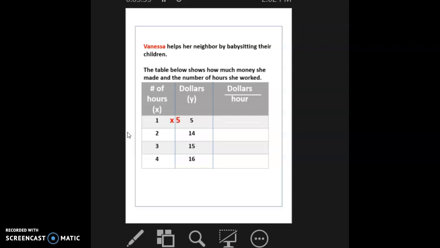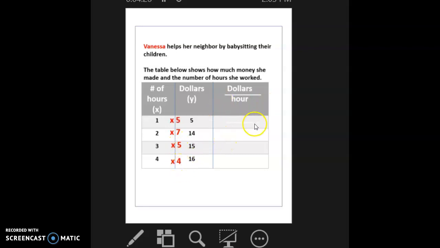Now to get from 2 to 14, we can't multiply by 5. 2 times 7 is 14. 3 times 5 is 15. And how can we get from 4 to 16? Yep, we can multiply by 4. So this example with Vanessa is a little different because all of the numbers are different.